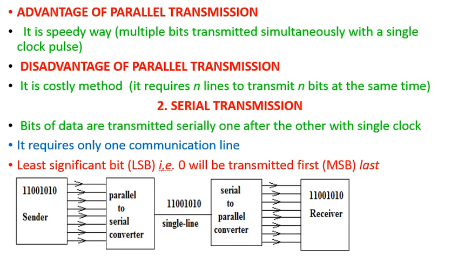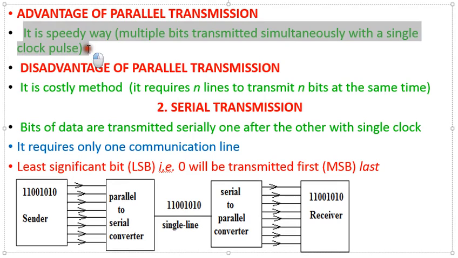So, having seen what a parallel method of data transmission is, let us look at the advantages and disadvantages of this method, if any. Pertaining to the advantage, this way is very fast, it's very speedy.